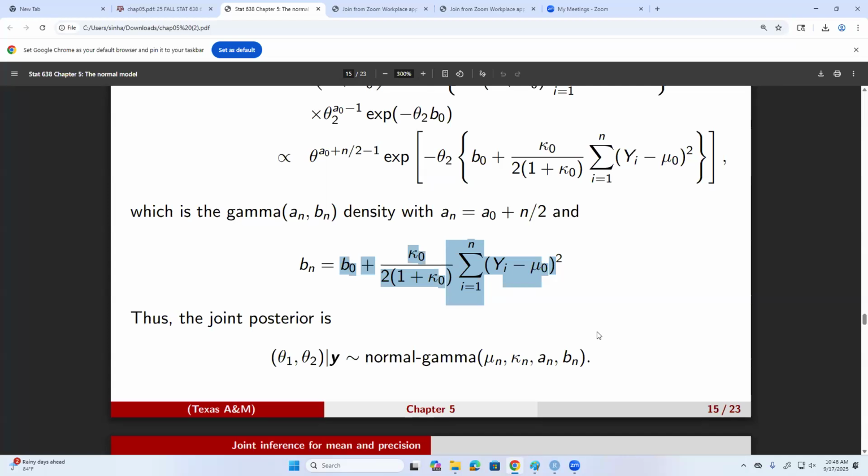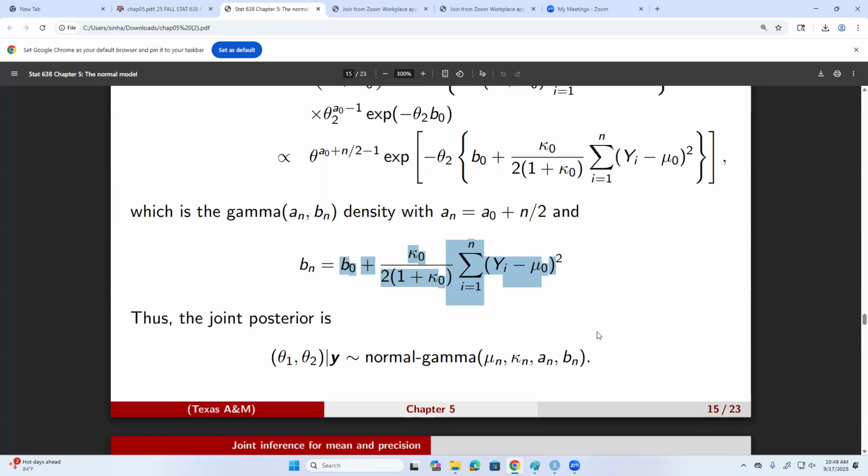Similarly, once you collect theta 1 values, you can calculate the standard deviation, which will be the posterior standard deviation. You can calculate credible intervals of the parameters. For theta 1, you just calculate the 2.5 percentile and 97.5 percentile of the observed theta 1 values, and that is the credible interval for theta 1.